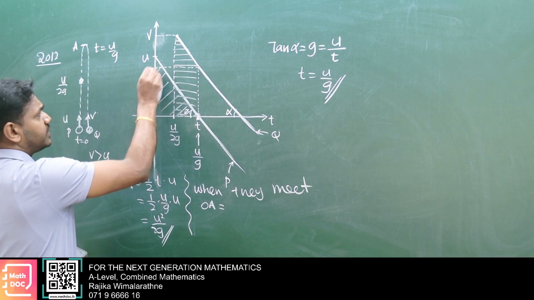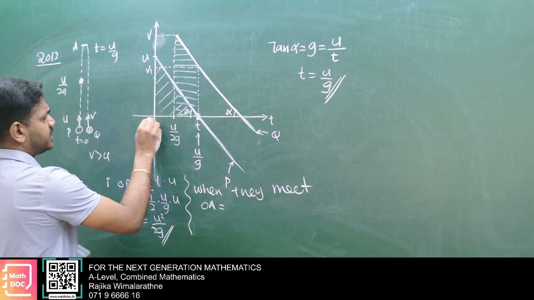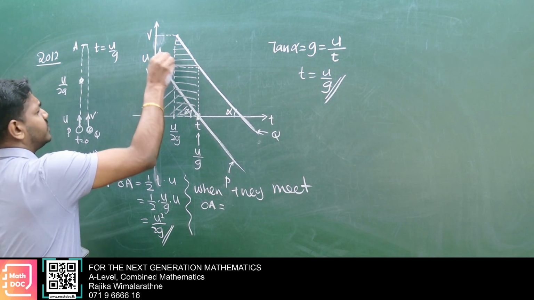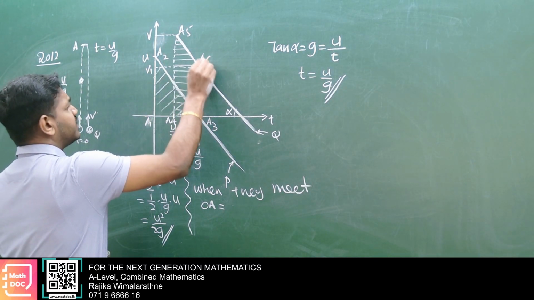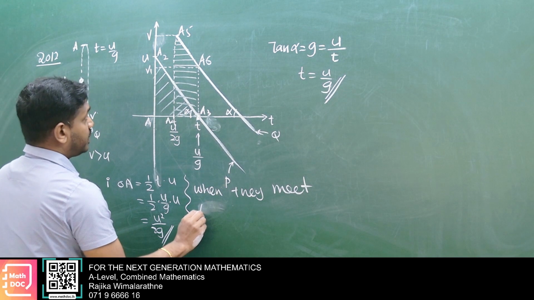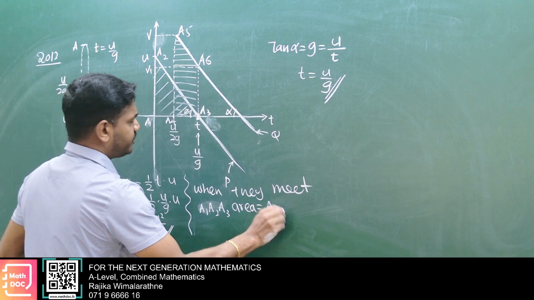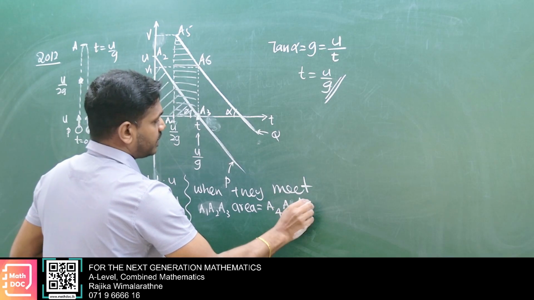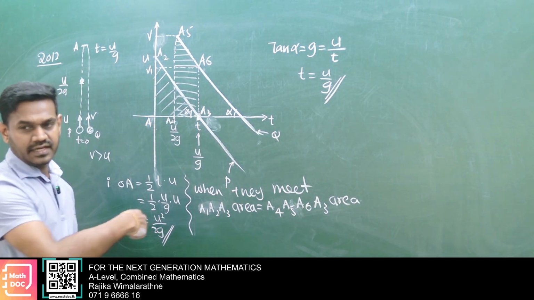You take here velocity v1. Then let's write here for P, areas A1, A2, A3 equal A4, A5, A6, A3. Here this area is the same, no?